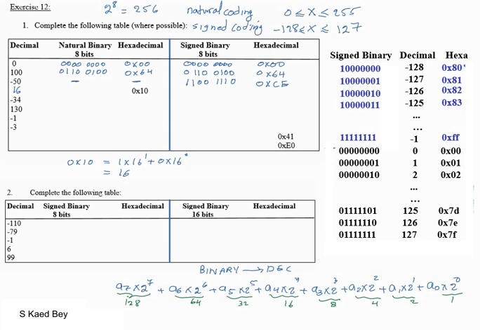Look at the first hexadecimal digit, it's 1, so that is 0001, and the 0 is 4 zeros, so that would be 0001 0000. Since number 16 is common to both the natural and the signed coding, then we can write the same number for the signed representation as well.